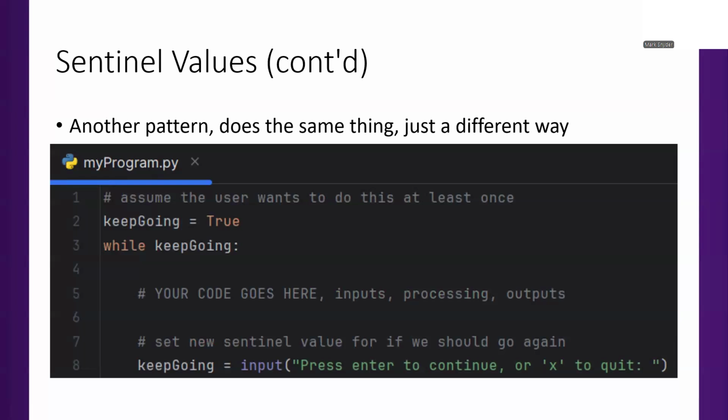Again, here's where you would put all your code, indented. And then at the end, I say, now just go get another value for keep going. As long as I enter something that is true, if I enter cat or 17 or 42.5 or whatever, it just has to cause keep going to evaluate true. Then it'll keep repeating.